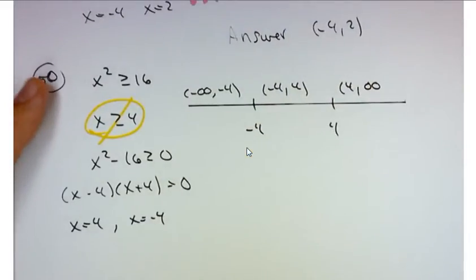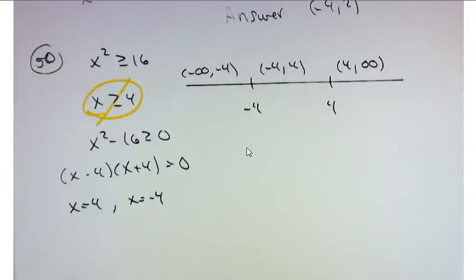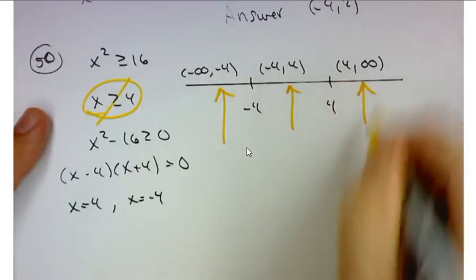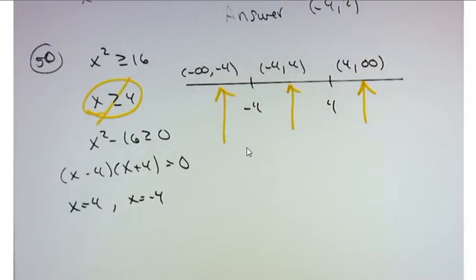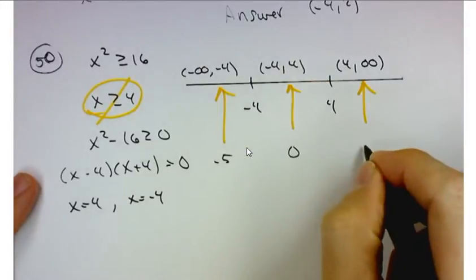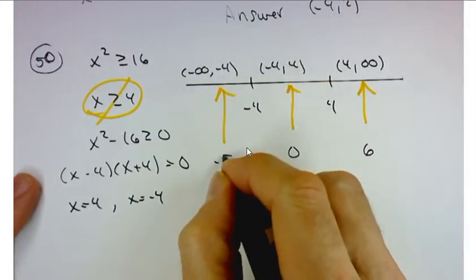Nice. Oops, parenthesis there. Krista, I need some test points. What would be some good test points here, please? -5. Good. 0. And then 6. Sure. -5, 0, and 6.